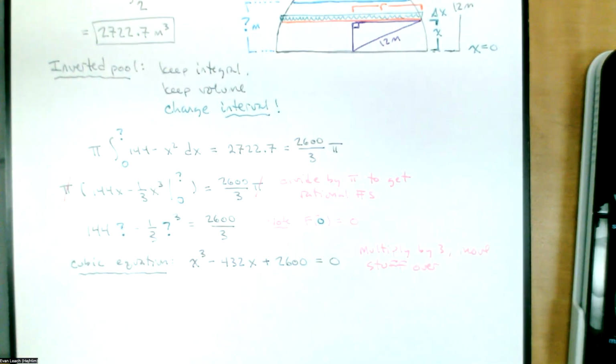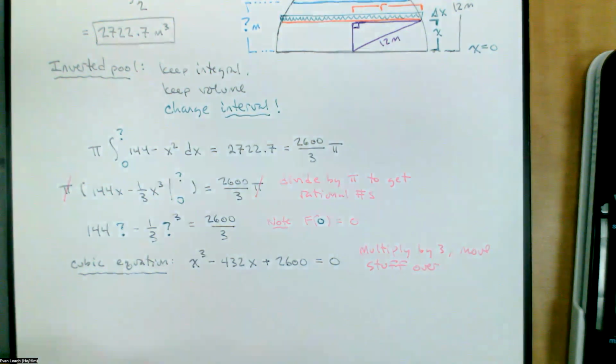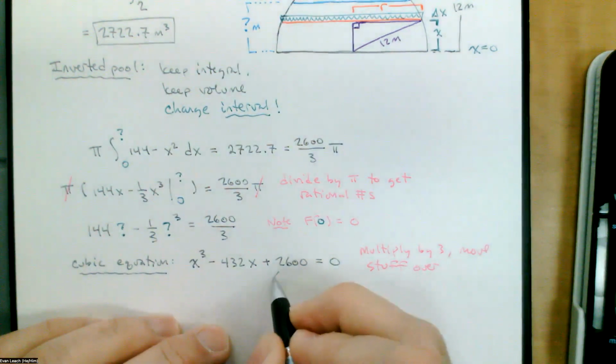And now we're kind of bummed because we got this cubic equation, and 2600 has a lot of possibilities for rational zeros. So if we wanted to apply the rational zero theorem to solving this equation, we're going to have too many choices.